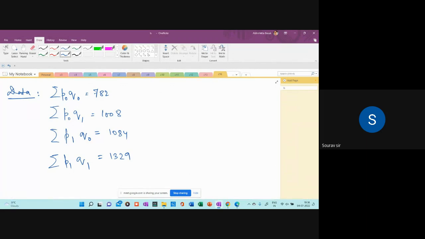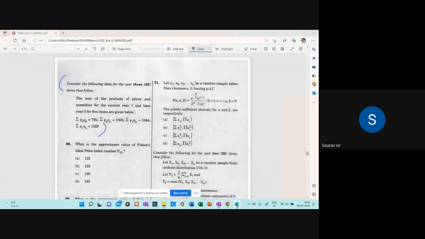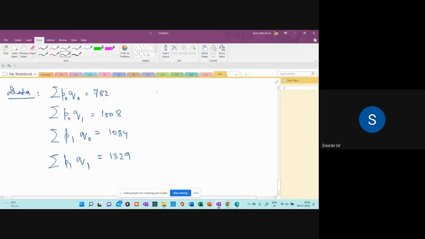Now basically what we have to do is find the corresponding index numbers. What are the index numbers we have over here? They are asking for Fisher's ideal price index for P naught 1. We are denoting it P naught 1.